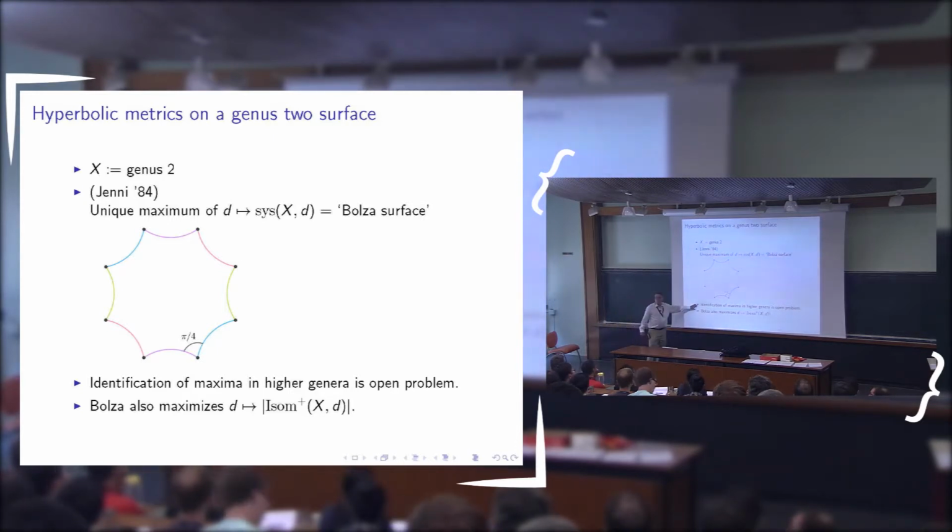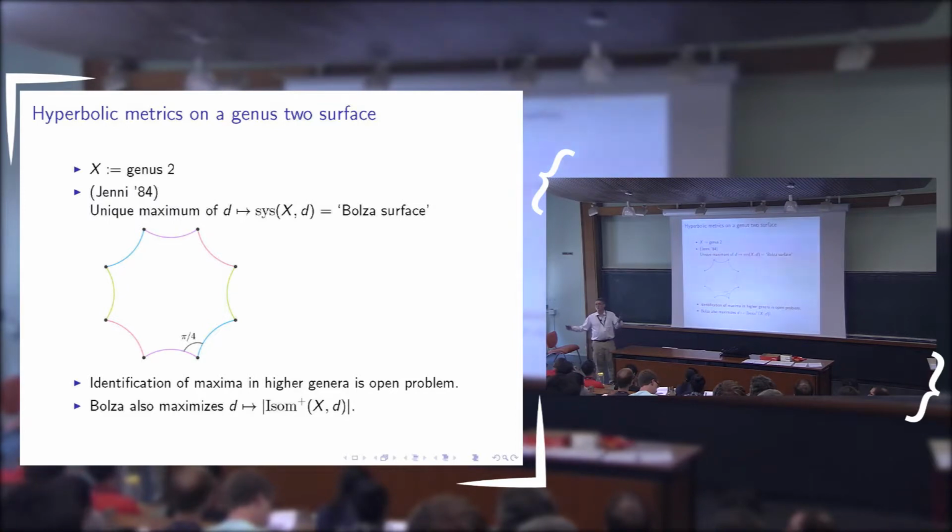Genus 3, we don't know. Schaller or Schmutz, depending on what year you start looking at his papers, has some conjecture about what should happen in genus 3, but we don't know what the fattest surface is for genus 3 or even above.